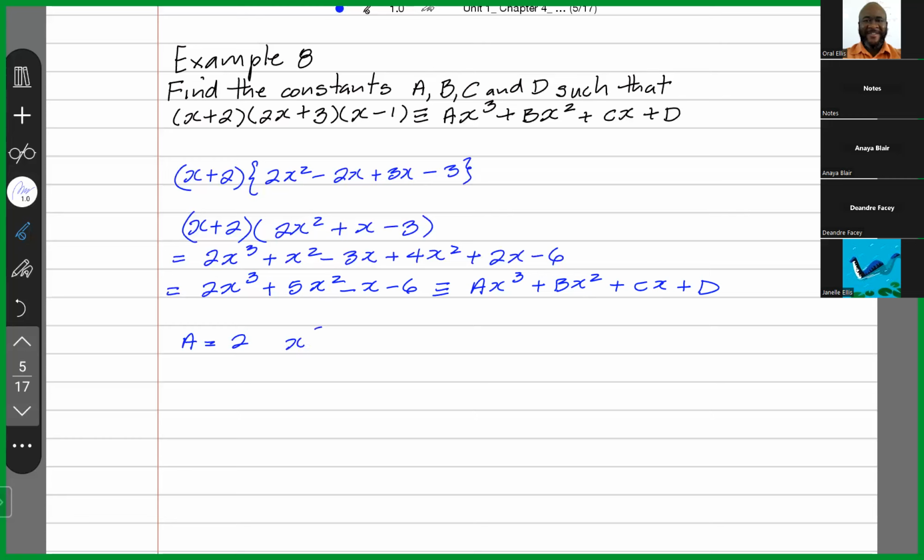This is the x cubed coefficient. b is equal to 5, the x squared coefficient. c is equal to minus 1, the x coefficient. And d is equal to minus 6. These are the constant terms. All right, so that was examples 7 and 8.